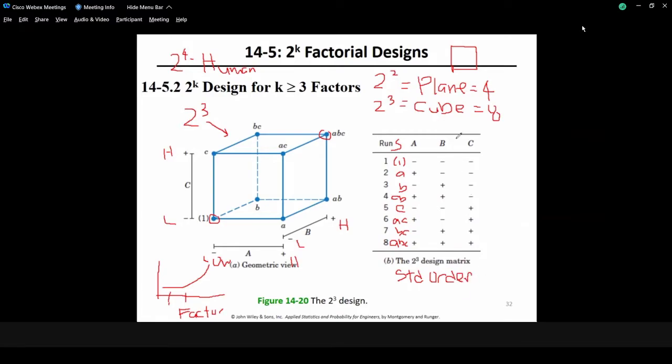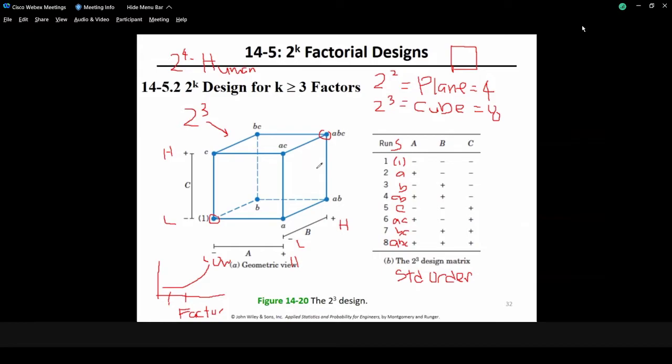Okay, this concept, whether 2^2, 2^3, or 2^4, is similar, although you cannot see 2^4, A, B, C, D, in terms of geometry, because we as human beings cannot see up to 4 dimensions. Maybe a genie can see 4 dimensions. But for us as human beings, we only see a cube.